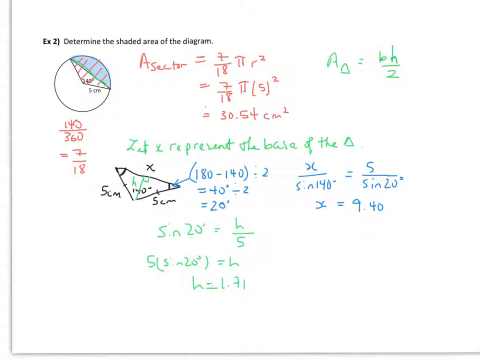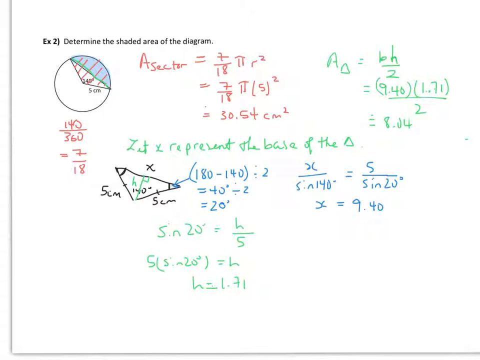So now I can get the area of the triangle. My base is 9.40 times 1.71 divided by 2. I got 8.04 approximately. I kept all my digits because, rather than typing in 1.71, I just took the answer from my last calculation.